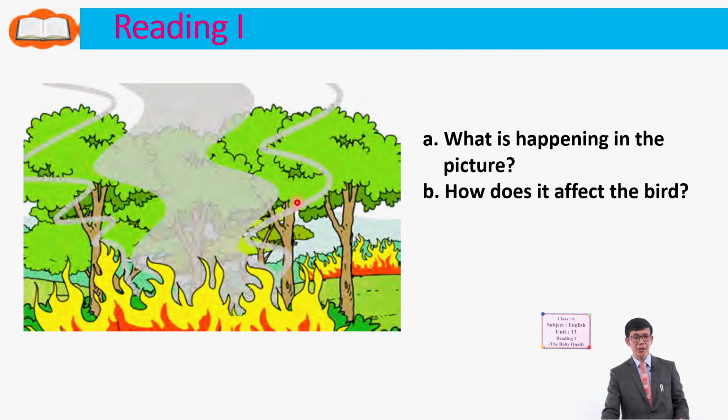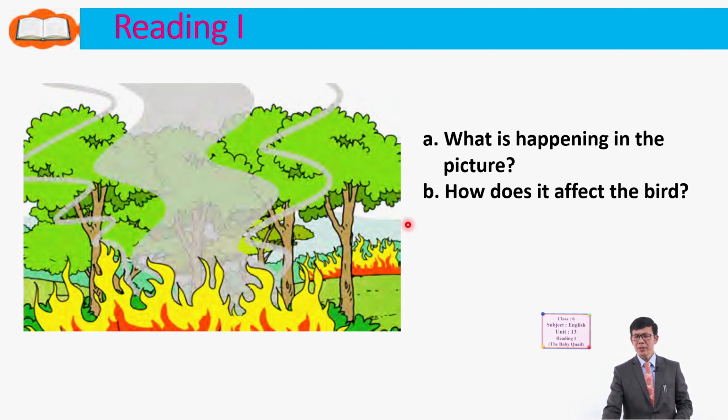You can see the smoke coming from the jungle, right? What is this called? Fire site. Right. You can see the forest, and in the forest you can see this smoke, and here is the fire site.